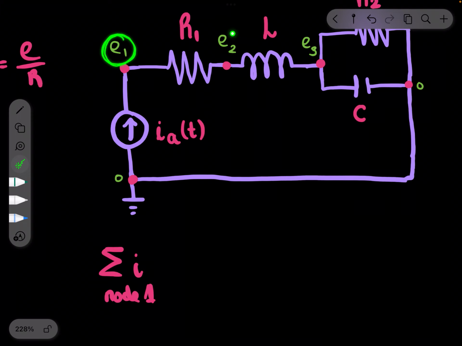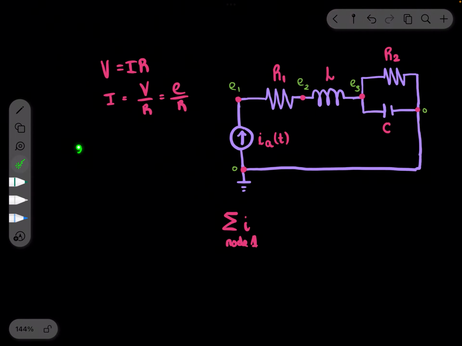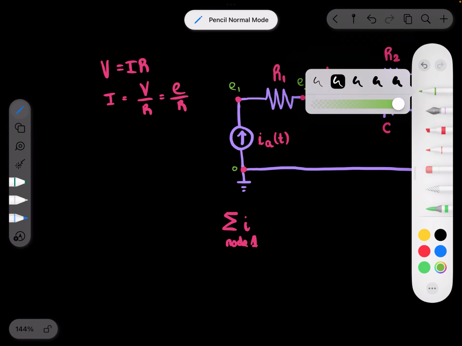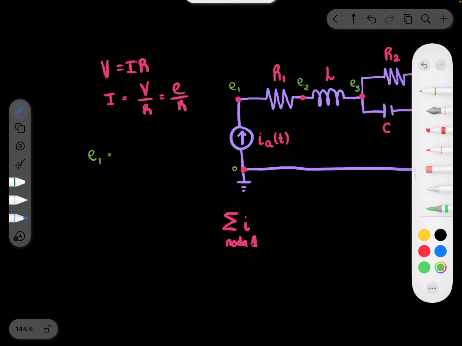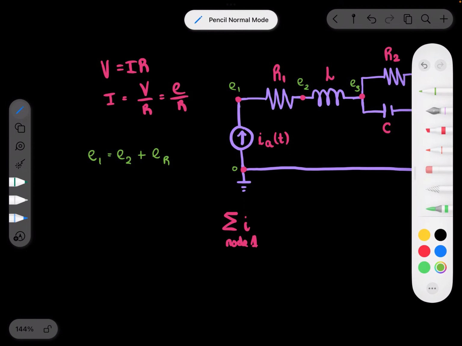What is the voltage going to be equal to from E1 to E2? Since we're in series for this whole segment, you know that E1 has to be E2 plus the voltage across the resistor. So E1 is the voltage across the resistor plus the voltage at 2.